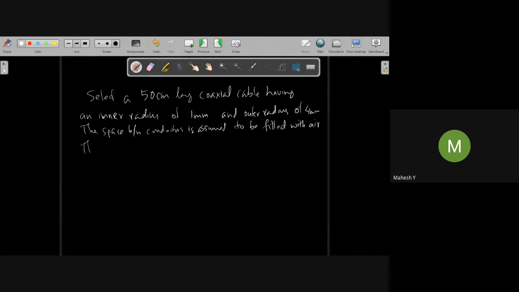The total charge on the inner conductor is 30 nanocoulomb.